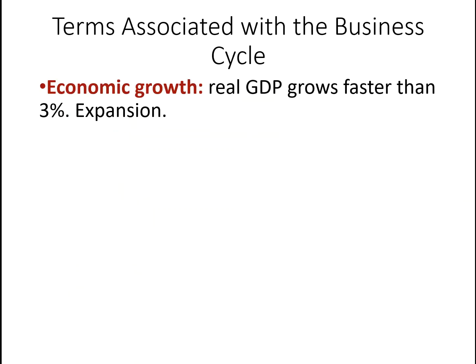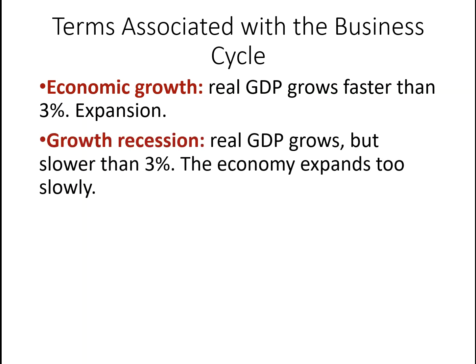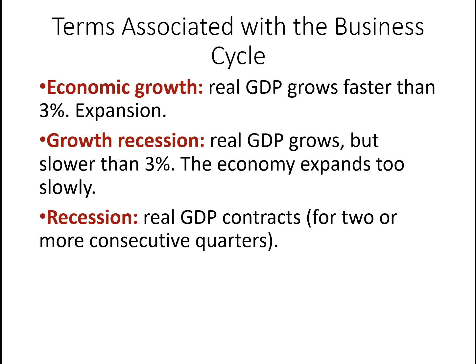Generally speaking, when we talk about economic growth, we mean real GDP growth faster than 3%, which we also call expansion. A growth recession is real GDP growth, but slower than 3%, so the economy expands too slowly. A recession is when real GDP contracts for two or more consecutive quarters. When we see GDP keep going down, we call it a recession.